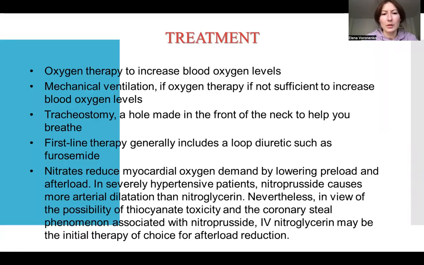Tracheostomy: a hole made in the front of the neck to help you breathe. Nitrates reduce myocardial oxygen demand by lowering preload and afterload.